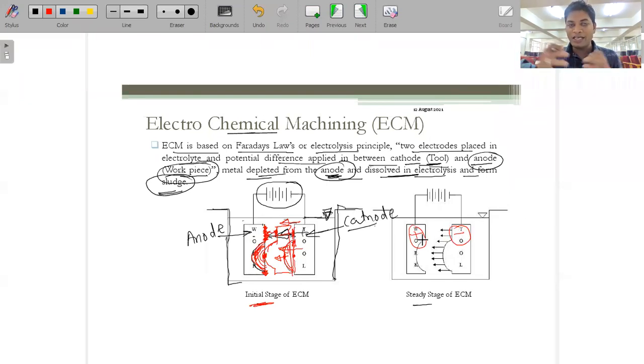Then they will react with each other, and only when they react will the steady state be reached. After that only this process will happen. Please try to understand, in the initial stage you are just making the EC cell. After the potential difference is created, after some time it reaches the steady state condition. So this principle is clear, guys.